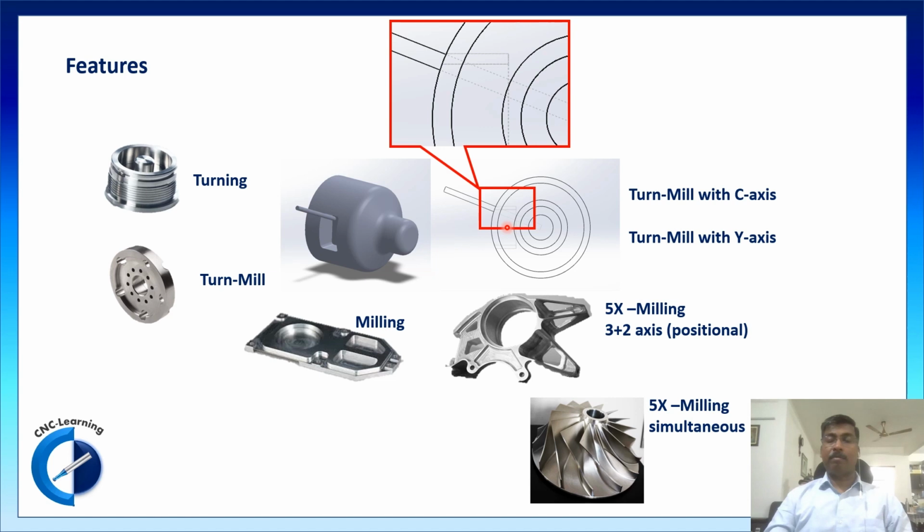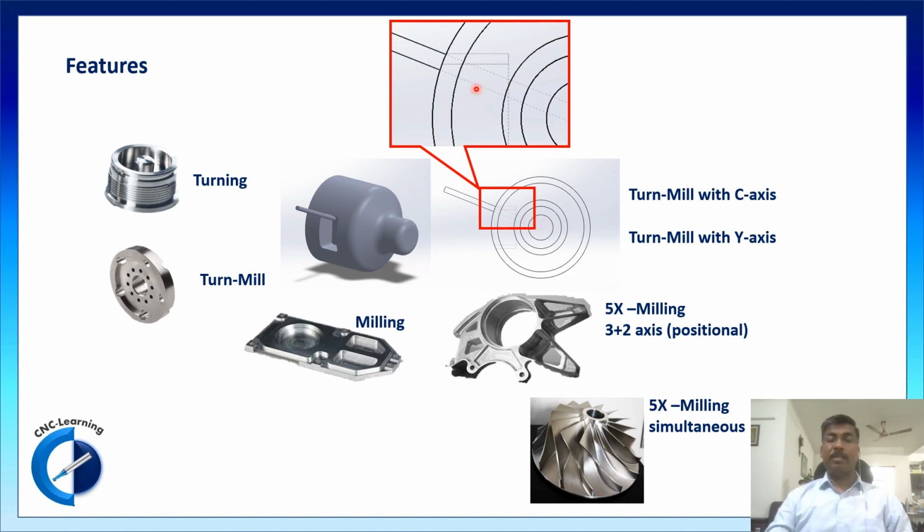You can view that. Now the point we are going to discuss here is this particular radial pocket, which has 90-degree edges. When you position your tool in a turn mill with C axis, it will always be oriented towards the center of the part.